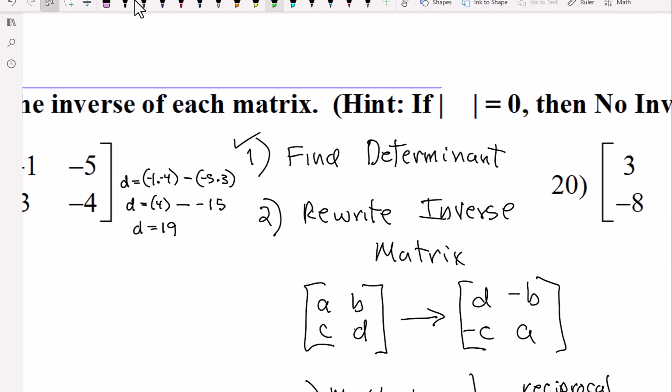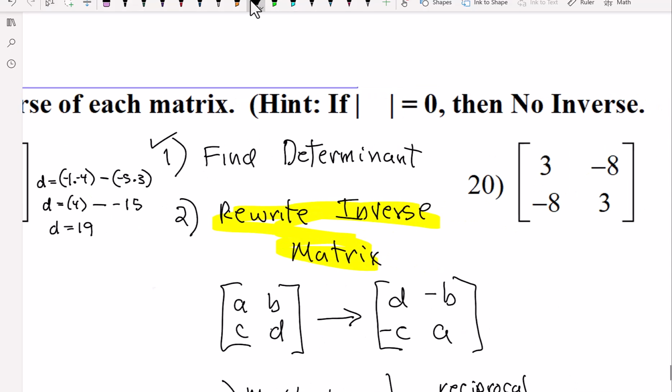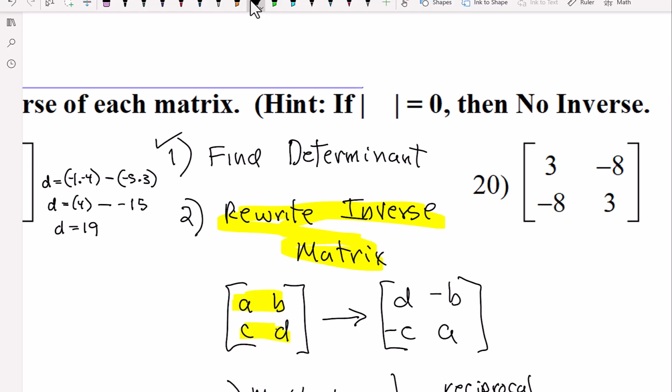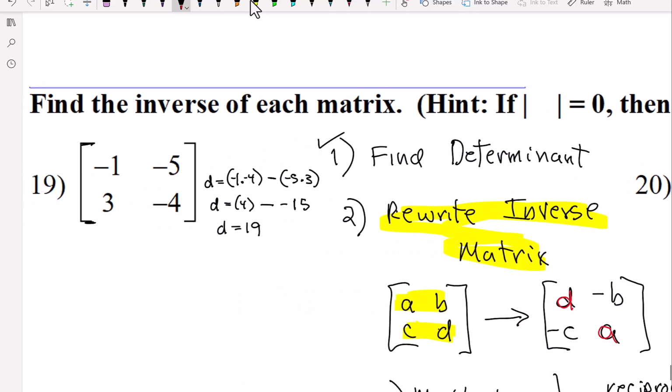We're going to rewrite the inverse matrix. Pay very close attention. The inverse matrix starts like this. Notice the D and the A swap places. So negative 4 is going to come here. Negative 1 is going to come here.